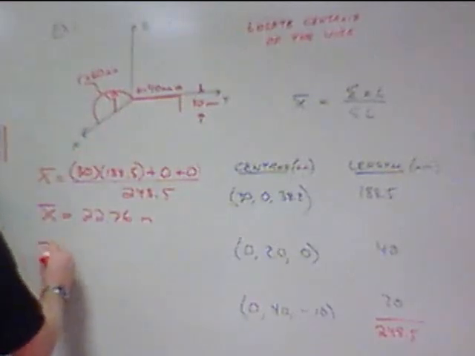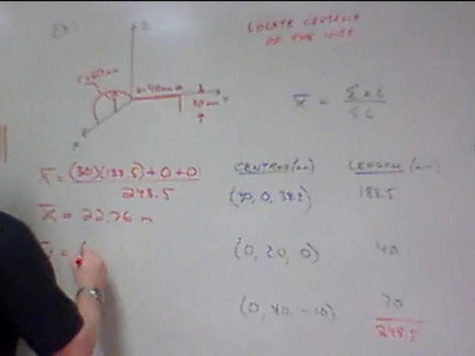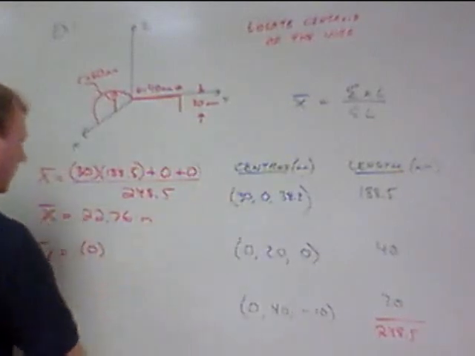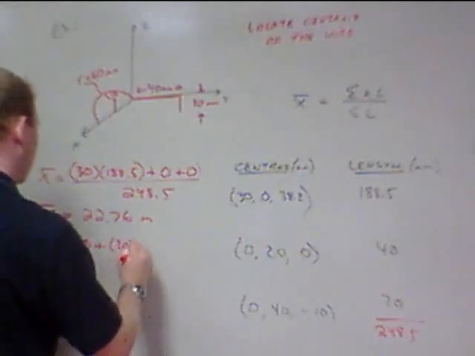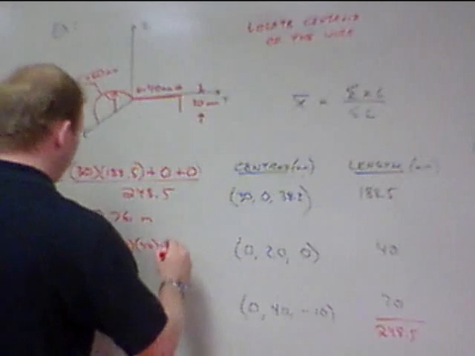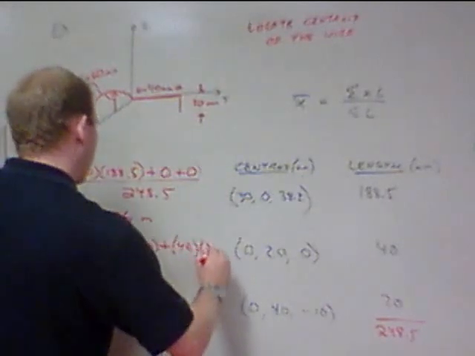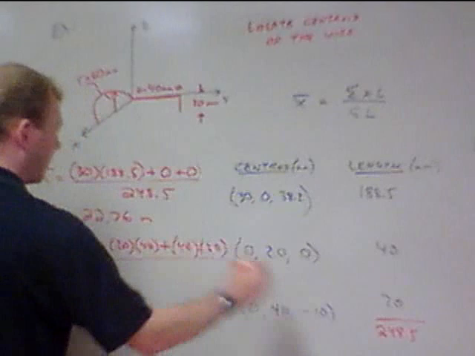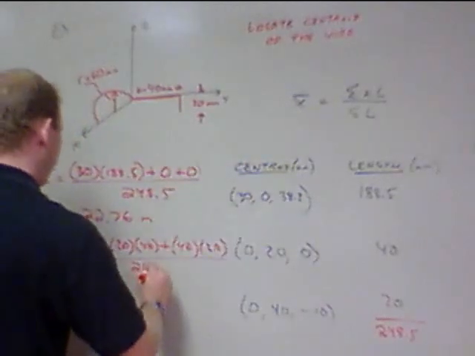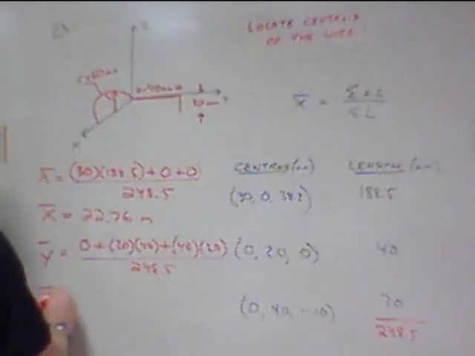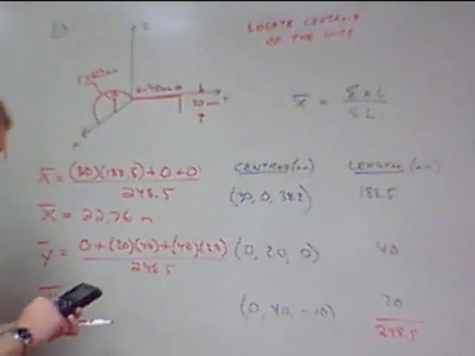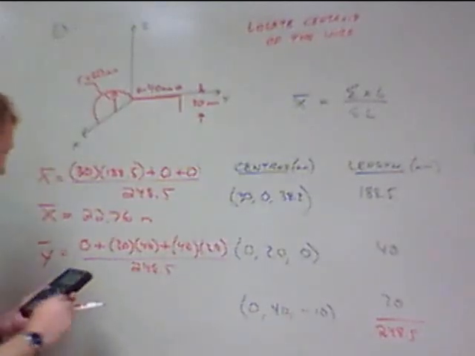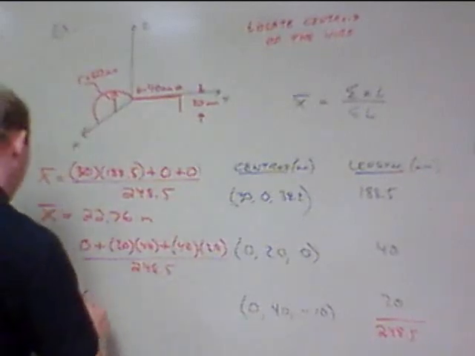The y centroid is equal to 0 times 188.5 plus 20 times 40 plus 40 times 20, all divided again by the total length of 248.5. So the y centroid is 800 plus 800, which is 1600, divided by 248.5, is 6.44.